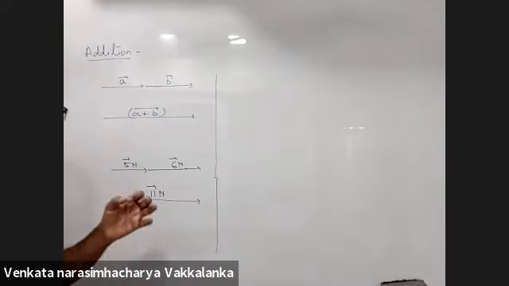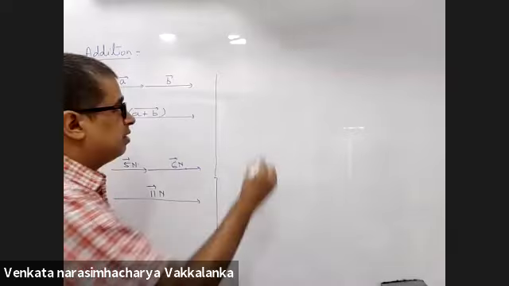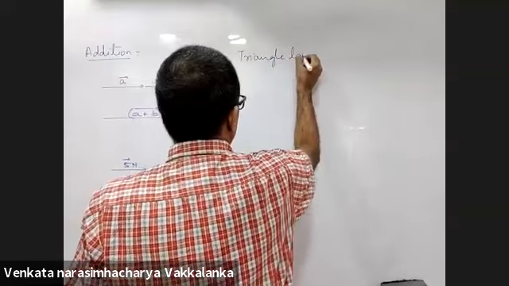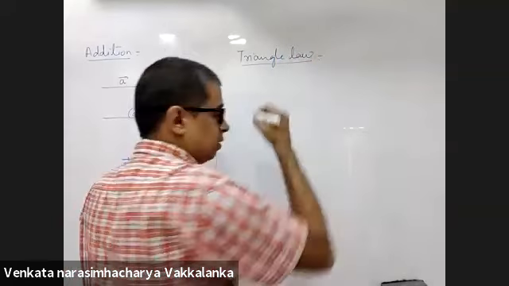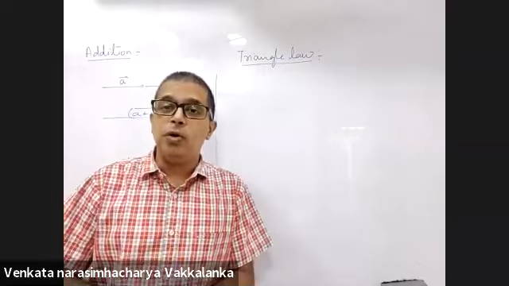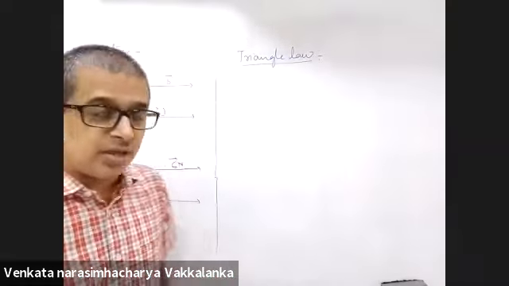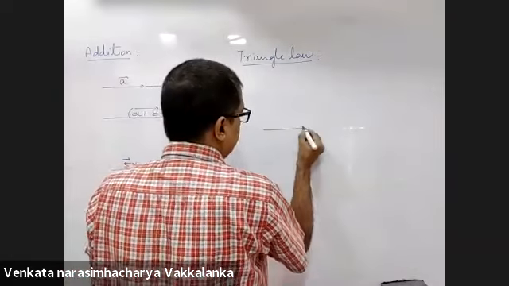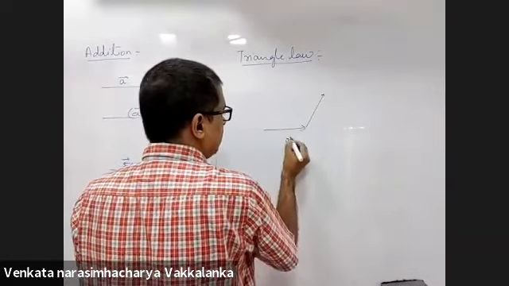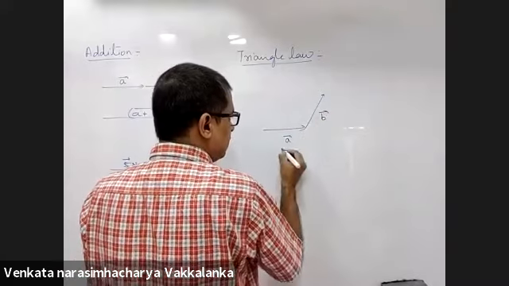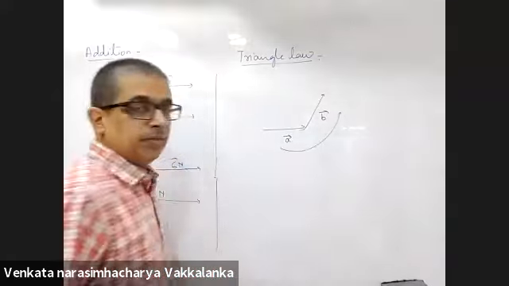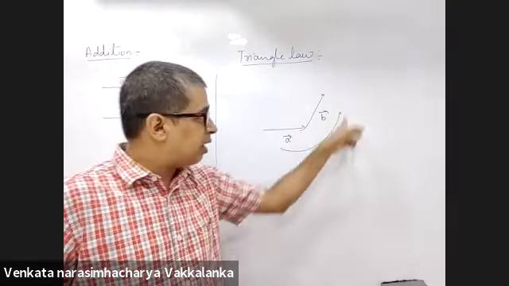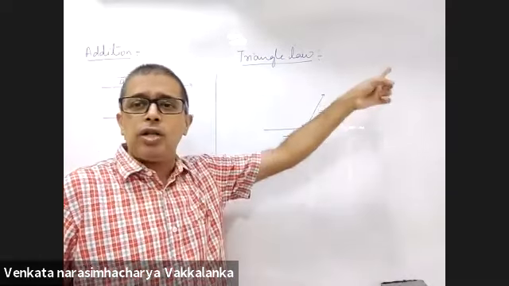Our trouble comes when they're not in the same direction. What is the rule you will follow when two vectors are not in the same direction? I'll dictate the statement, wait and listen. When two vectors are represented as two sides of a triangle taken in one order, both vectors should either be anti-clockwise or clockwise.